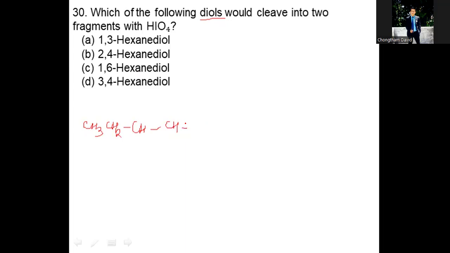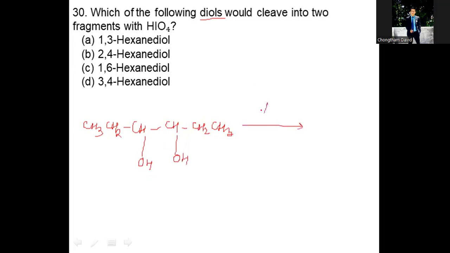Hexane will have 6 carbon. CH2, CH3. Suppose if I write in the position number 3 and 4, this is your hexane-3,4-diol.